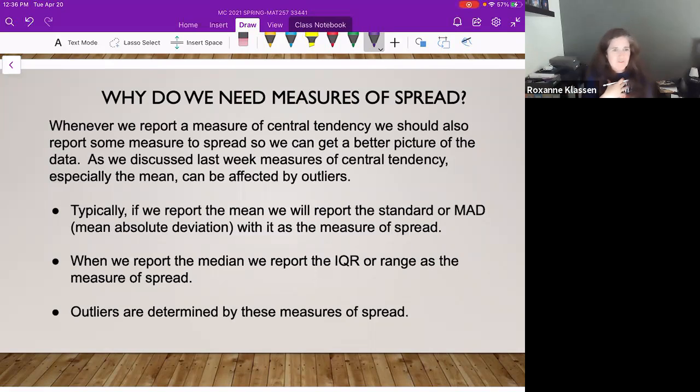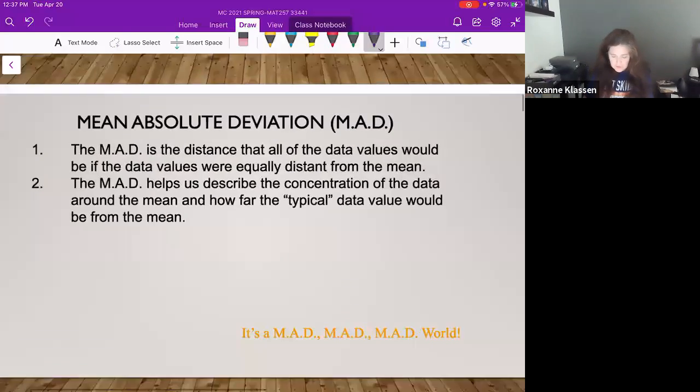If I'm trying to figure out where to market my restaurant, I want to know the most common age. So have you ever filled out a survey? How old are you? And it's like 25 to 29, 30 to 34, right? That's what they're trying to do. They're trying to figure out what's the most common. And outliers are determined by these measures of spread.